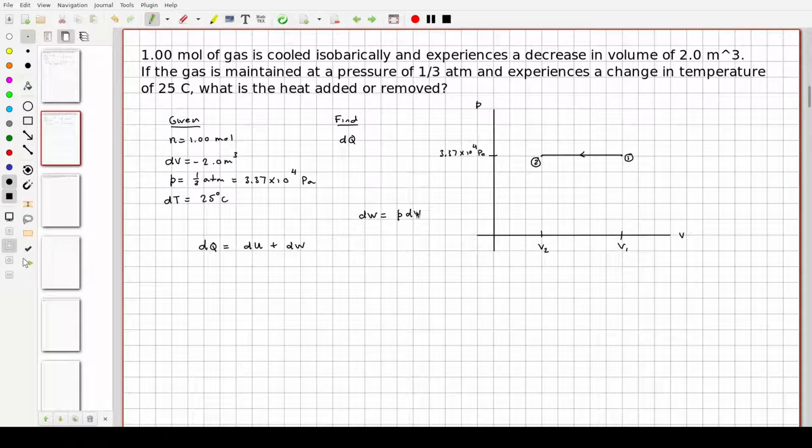We know the pressure and we know the change in volume, so thankfully we know what that is. dU is a little more complicated. dU is 3/2 nR dT. This is the internal energy. Now, thankfully, we know what dT is, and we know how many moles that we have. All we're trying to do is to find dQ.